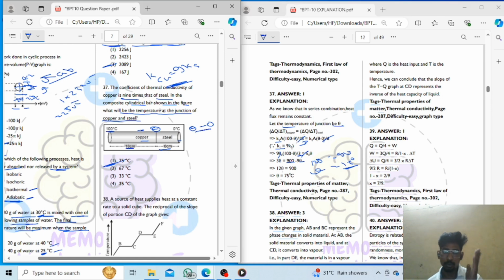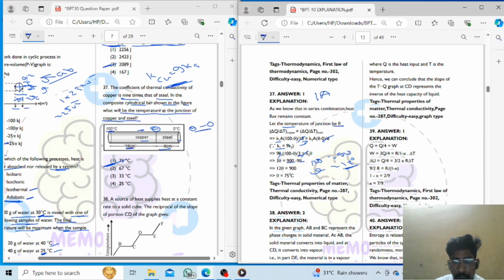Simple formula: in a system like this, the total heat transferred will be equal, because they are connected with each other. It is given by the formula K into A del theta divided by L. Put the formula there and you will get the answer.